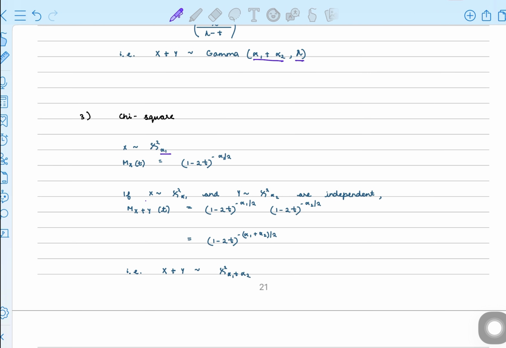Now, if x is the same as before and y follows the chi-square distribution with the degrees of freedom alpha 2, such that both of these random variables are independent, then the MGF of x plus y is given as the product of both the individual MGFs. This gives us x plus y follows chi-square with the degrees of freedom alpha 1 plus alpha 2.